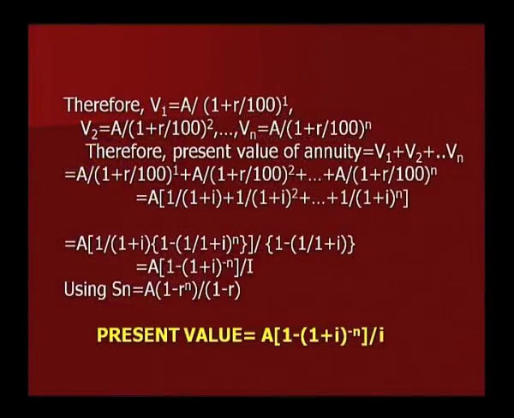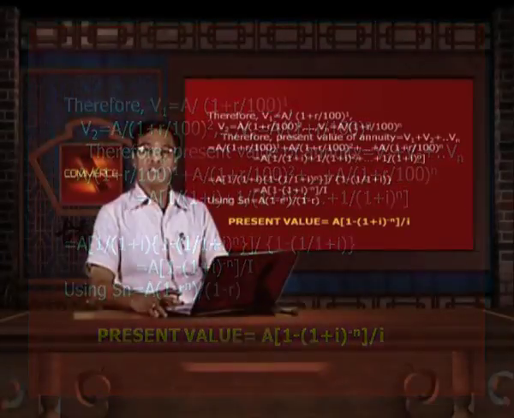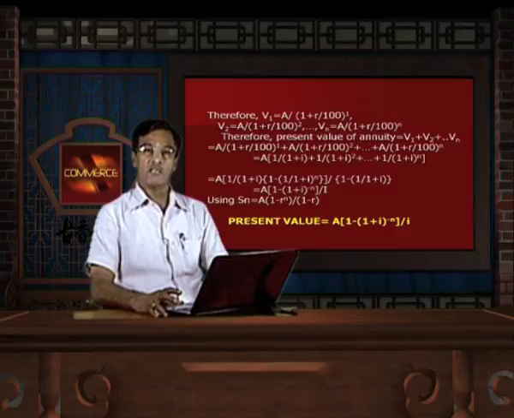The amounts here A1, A2, An are calculated as equal amount A. So, I replace A1, A2, An by A in this calculation, and we have used the formula Sn = a(1 - r^n)/(1 - r), that is the sum of geometric progression of n terms when the common ratio is less than 1.